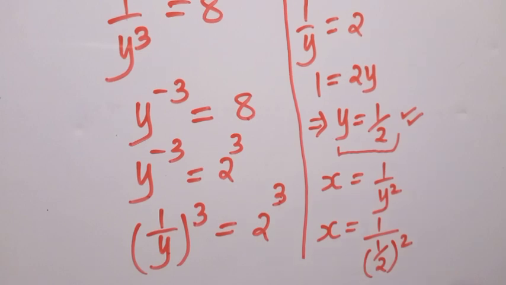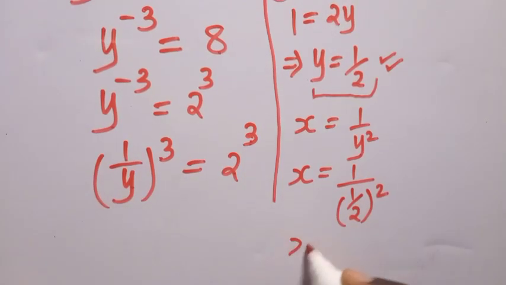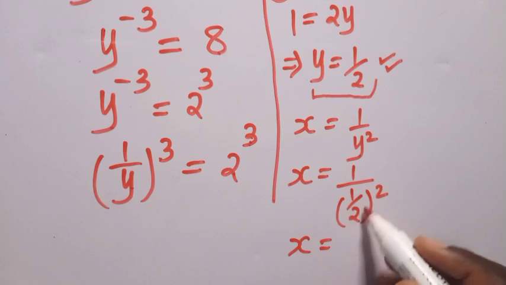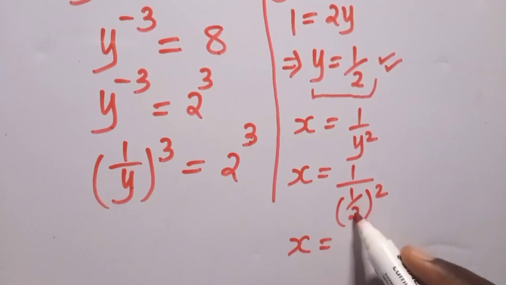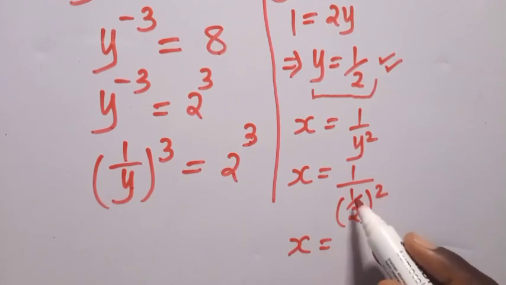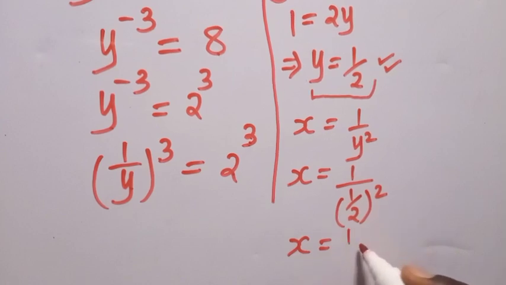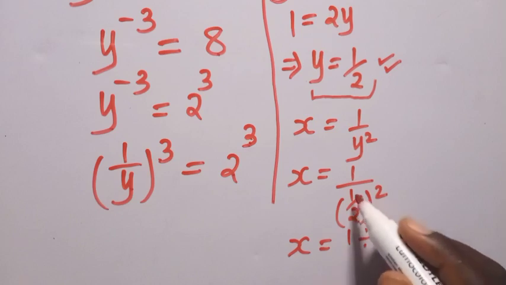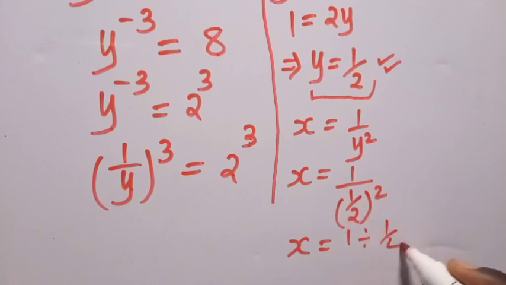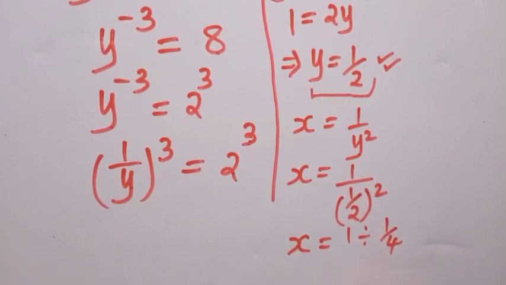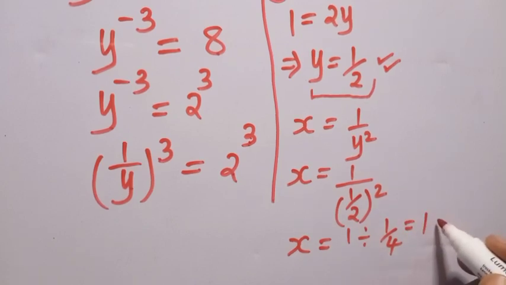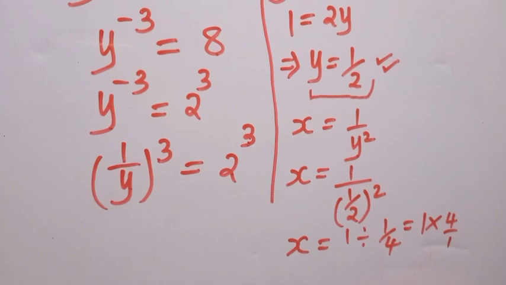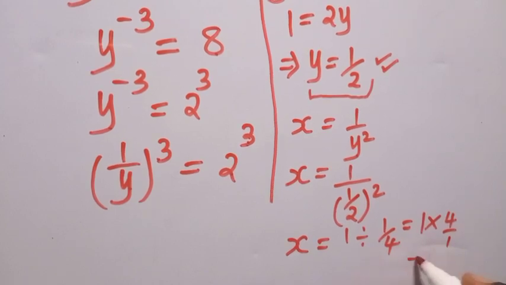Having x equals 1 over a half squared, a half squared is just a quarter, that is a half times a half. Therefore, 1 divided by a quarter is 1 times the reciprocal of a quarter, which is 4 over 1. In this case, I obtain my x as 4.